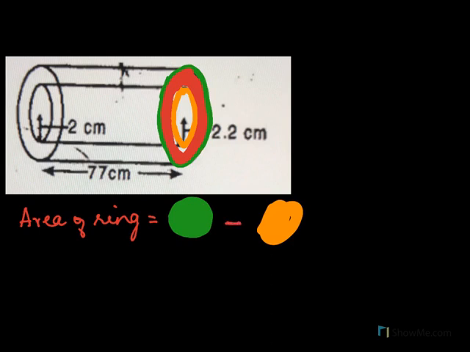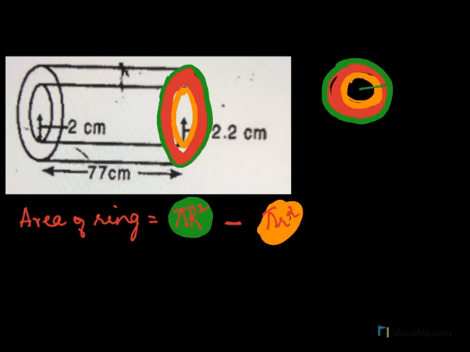Now the outer area, you will agree, is pi R square, because it has got an outer R, the inner area will be pi small r square. It is like the outer green circle minus the inner yellow circle will give you the area of this ring.